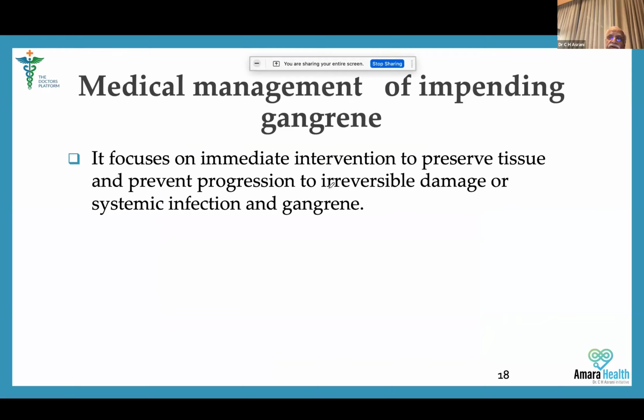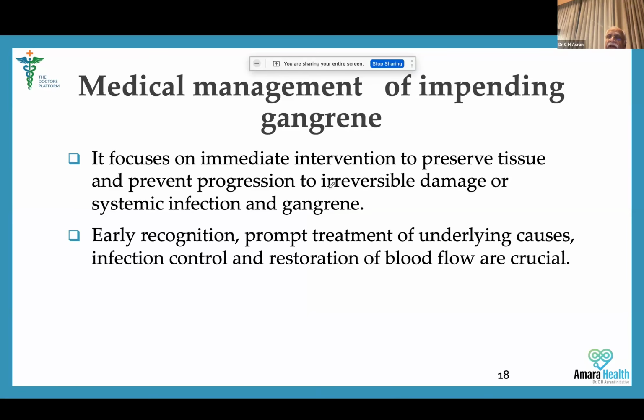Immediate intervention, because my job right now is to salvage the tissue. My aim is to avoid amputation. Even a little toe, avoid amputation. Prevent progression to irreversible damage, infection, or gangrene. Early recognition, prompt treatment of whatever has caused it, infection control if there is infection, and blood flow restoration.